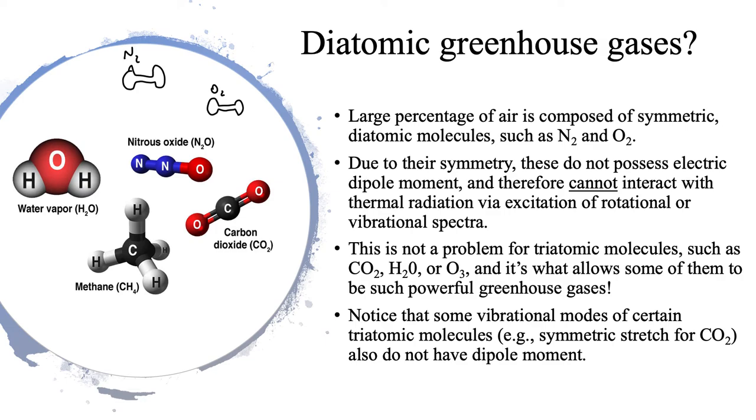Because of the symmetry of these molecules, photons in the thermal infrared or far infrared cannot be absorbed by them. On the other hand, CO2 and H2O have the right shapes and the right asymmetry to absorb them, and that's why they are better greenhouse gases than nitrogen or oxygen, or dry air, if you will.